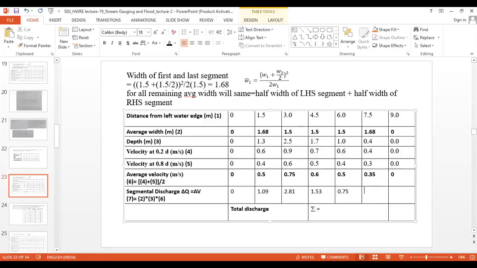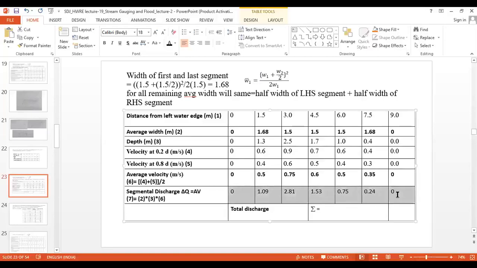And lastly it will be 1.68 into 0.4 into 0.35, that is 0.235, so we'll round it up. It is 0.24, and last it will be 0. That is the segmental discharges we got now.